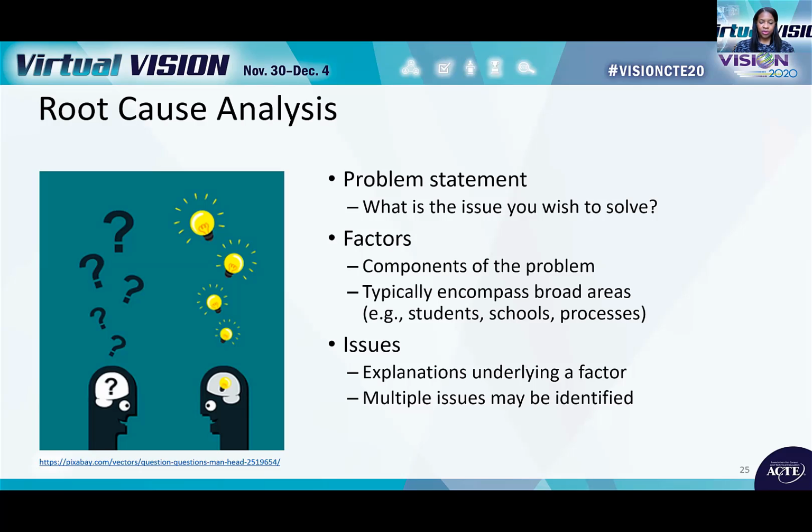So there could be multiple issues identified, and they might not all have equal value, but as you do this root cause analysis process, it will become clear how you move forward with an intervention strategy for improving and addressing what your problem or concern is. So that's all a part of plan.